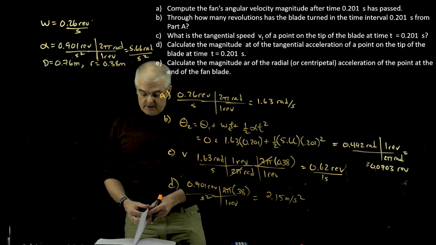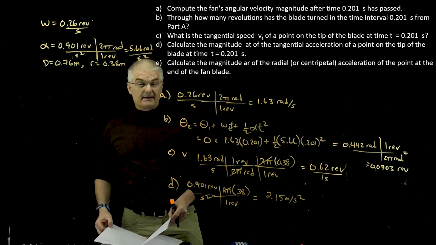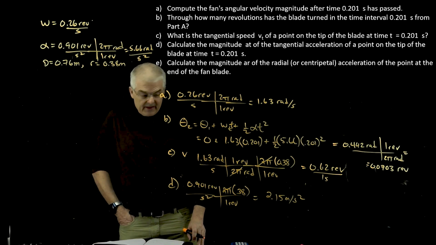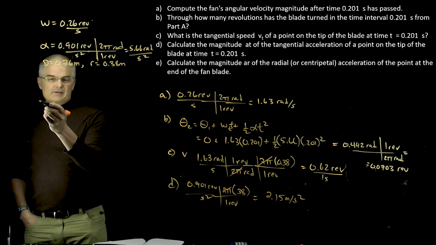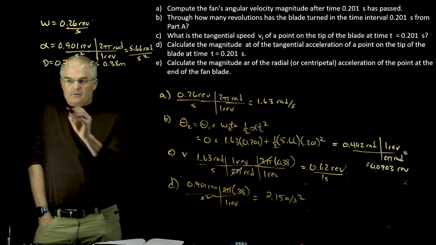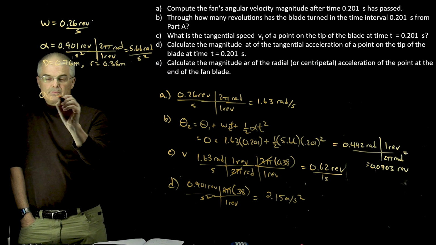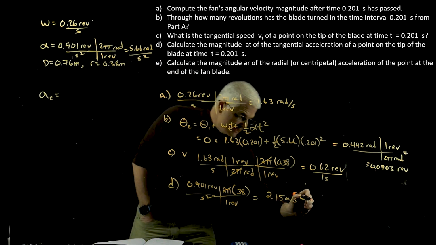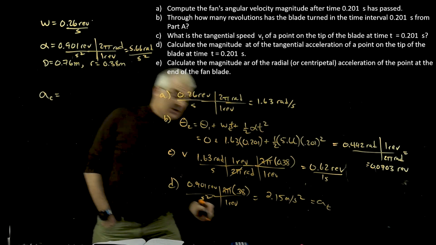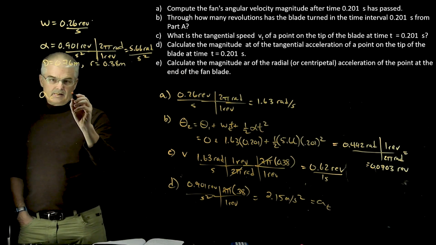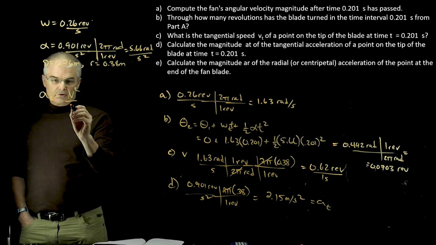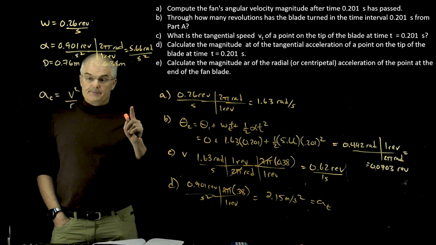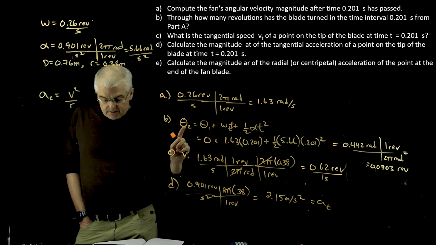And then the last question is, calculate the magnitude of the radial acceleration at the tip of the fan blade. Now you might recall that this is just the centripetal acceleration, A sub c, as opposed to this, which is A sub t, the tangential. The centripetal acceleration is v squared over r, right? And so v is, what did we get?